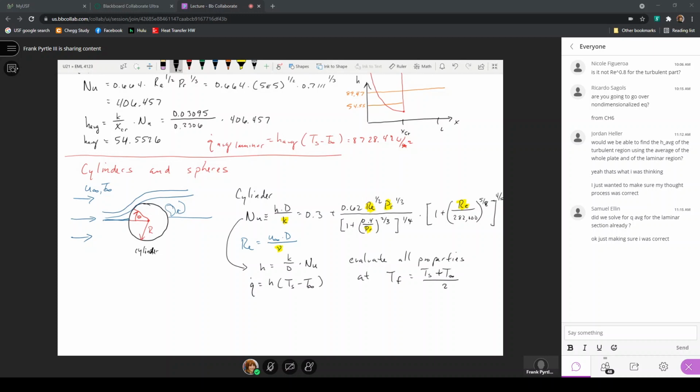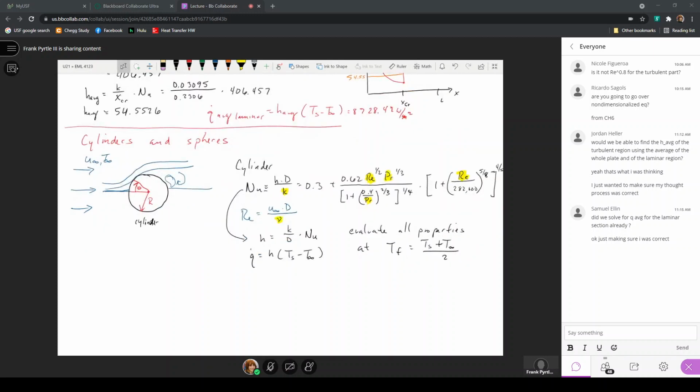So when we're calculating quantities for the cylinder, it's not a whole lot different than for flow over a flat plate, except that there's no transition to consider at all when using this correlation for a cylinder.